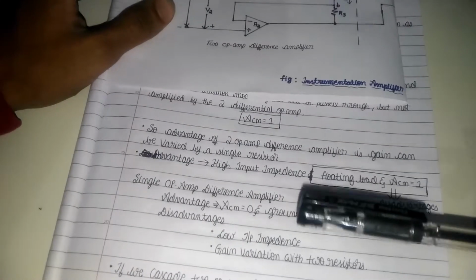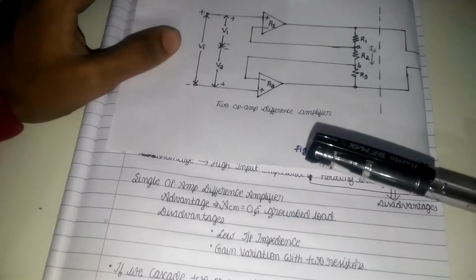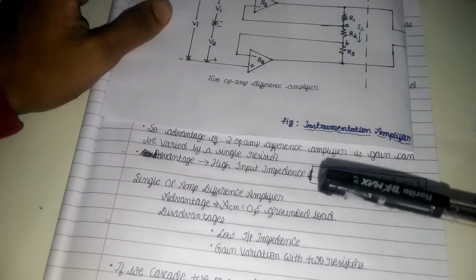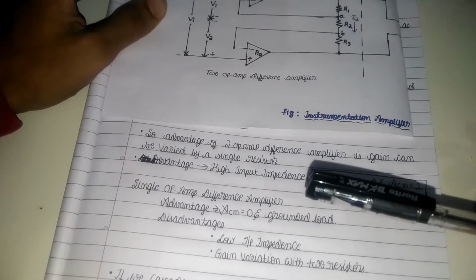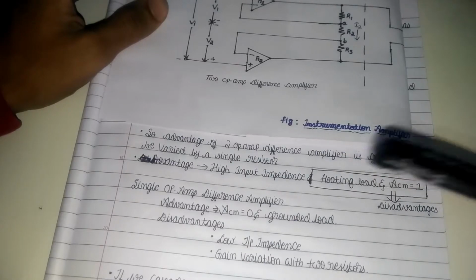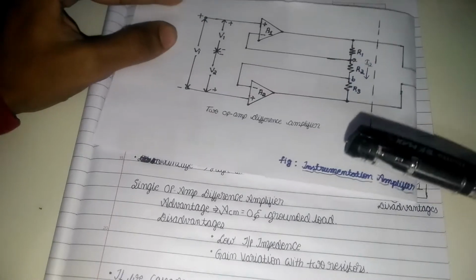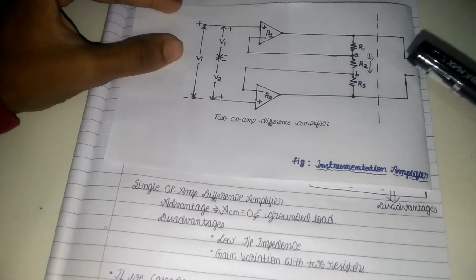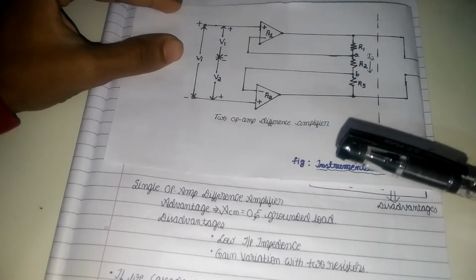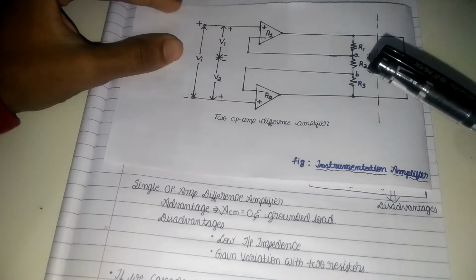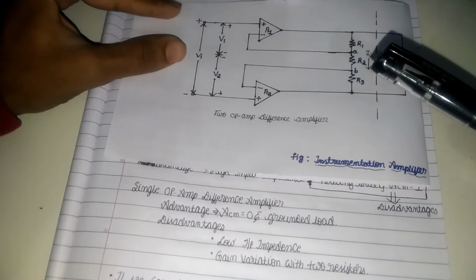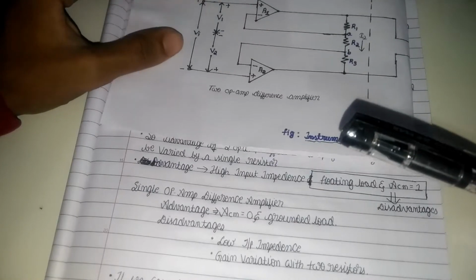Okay, next we want to see the advantages and disadvantages of the two op amp difference amplifier. This is one of the important concepts, friends. The advantage of the two op amp difference amplifier is that the gain can be varied by the single resistance R2. The overall gain of the two op amp difference amplifier can be varied by a single resistance R2. This is one of the major advantages.